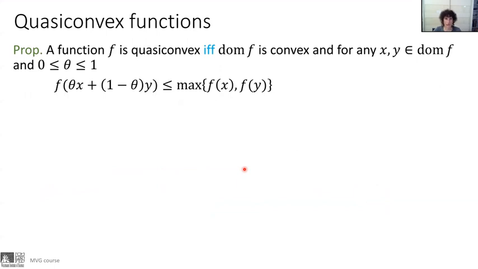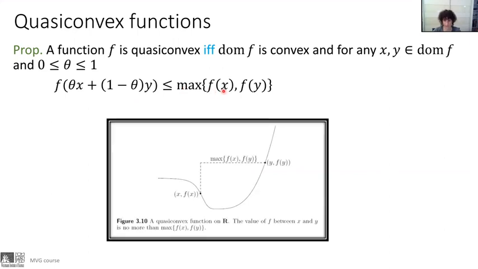It can be shown that a function is quasi-convex if and only if the domain is convex, and also the value of the function at the convex combination of x and y in the domain is smaller or equal than the maximal value between f(x) and f(y), like this.